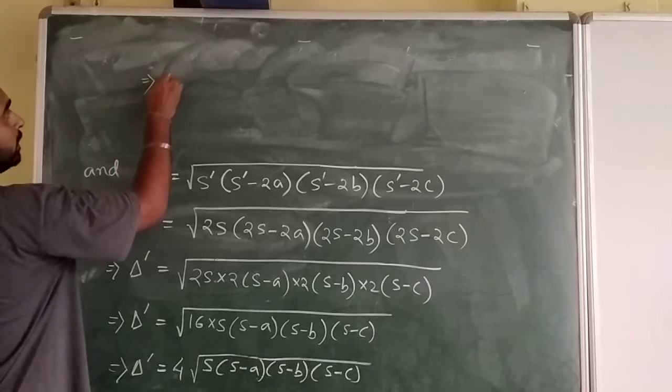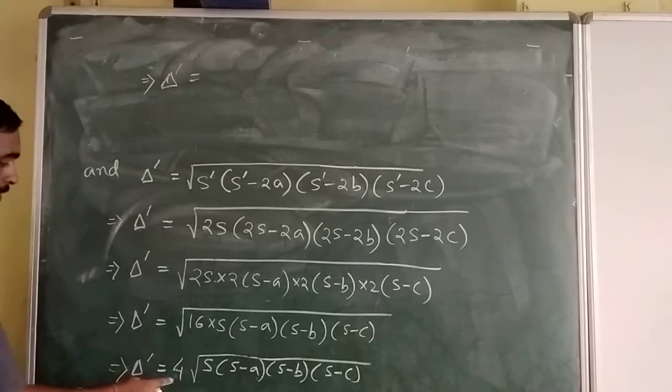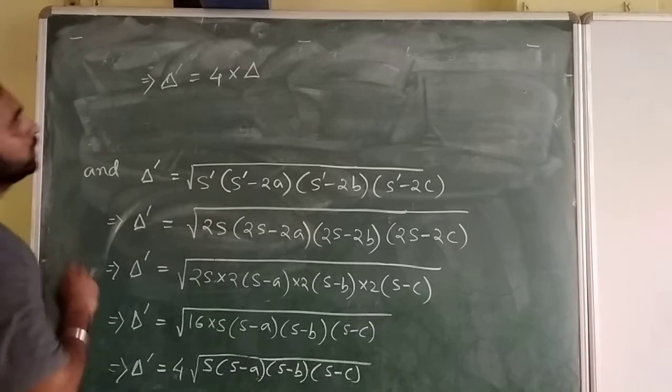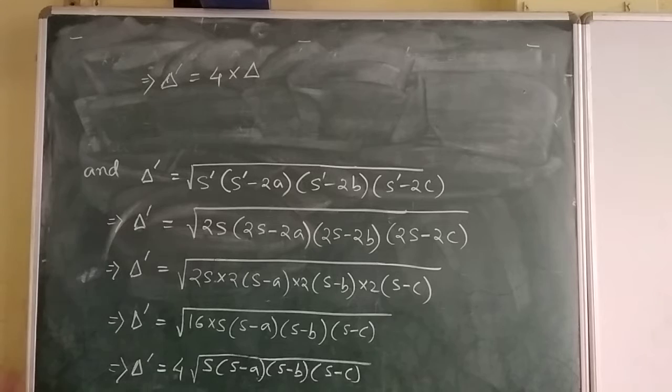That is, area of the new triangle equals 4 into area of the first triangle. That is 4 delta.